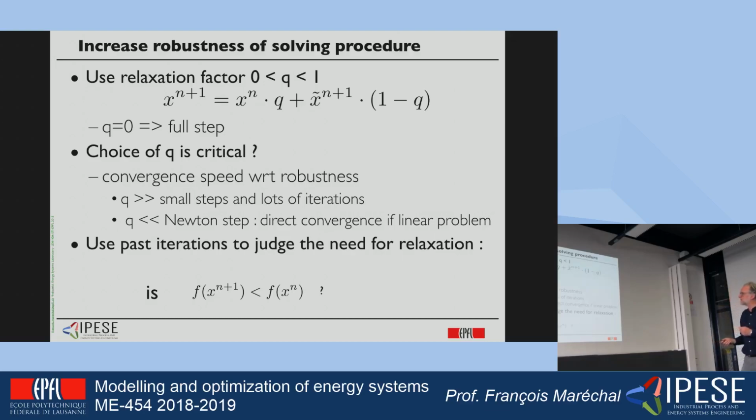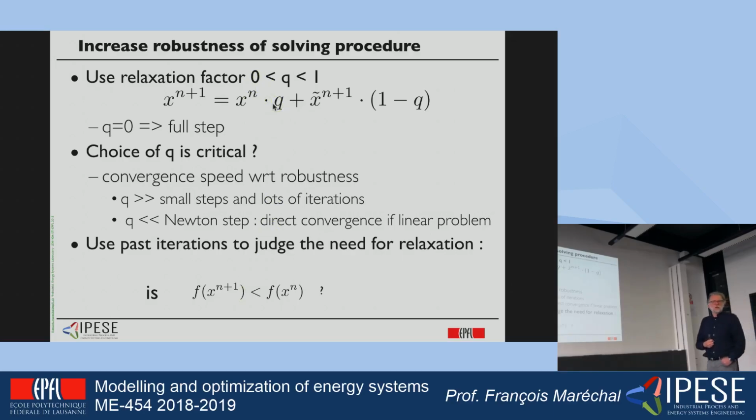So it means that I can decide not to do the full step, but to stop in the middle. So I'm calculating the full step here, and I'm going to decide what we name a relaxation factor that is going to say, okay, the new value of x will be a combination of the previous value and the expected value if the system is 100% linear. Okay? And then we will test if we are improving in order to decide the value of Q.